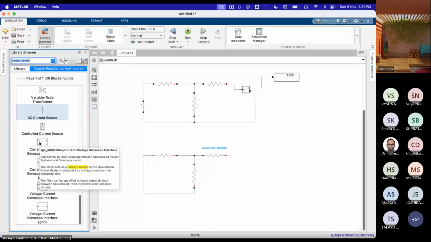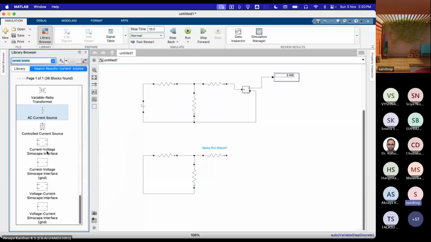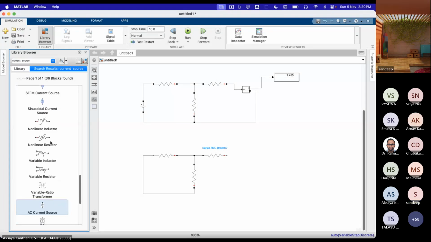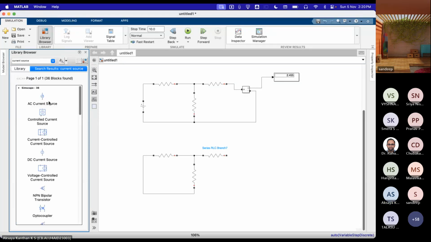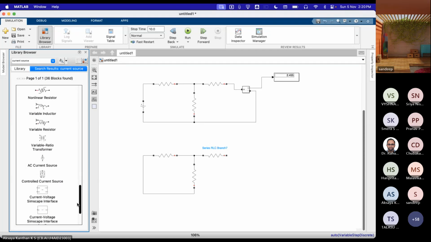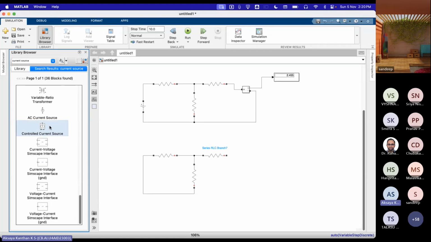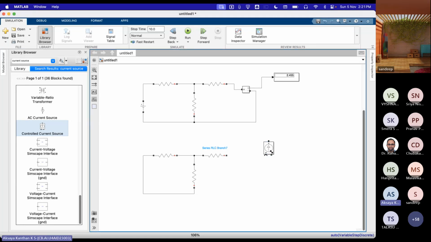Dragging it into the workbench, and then for the Norton circuit, the current source should be connected to a parallel resistance, which is the effective resistance of the above circuit.